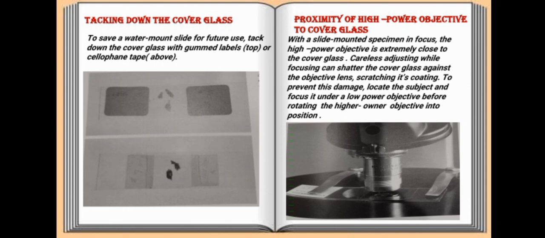As you can see in the picture, these are examples of the proximity of the high power objective to the cover glass. The proximity of the high power objective lens to the cover glass is an important factor in achieving a clear and focused image when using a microscope, especially at high magnifications.